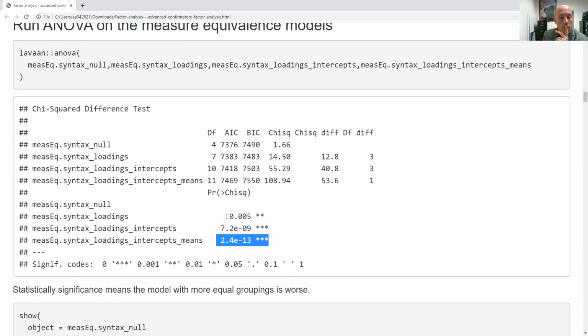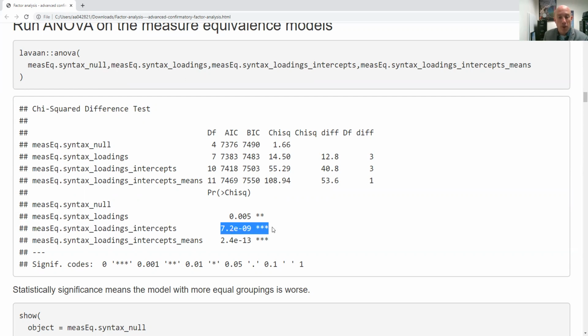And I look here, statistical significance means that the model with more equal groupings is actually worse than its predecessor. So what we're saying is that this hypothesis test tells us that loadings and intercepts is better than loadings, intercepts, and means.